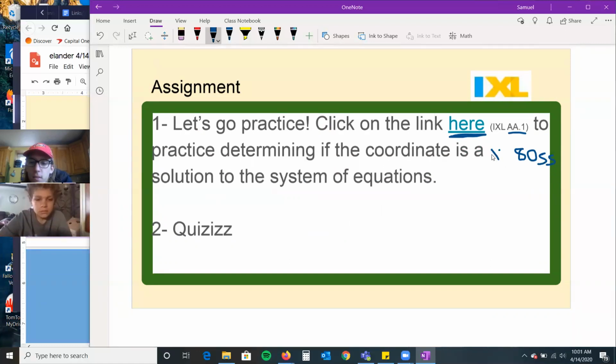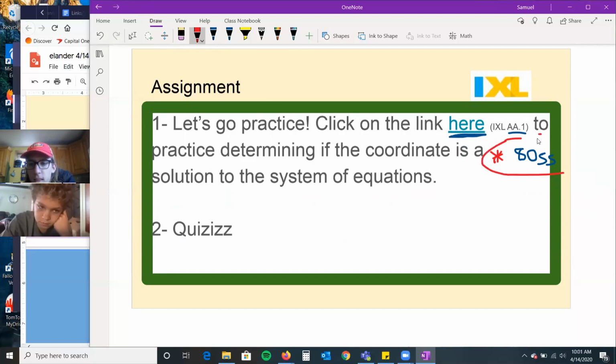Okay, I'm going to put a little asterisk here. Again, remember, anytime you see an asterisk, it's just a reminder that it is for a grade. I don't see you guys having too much trouble in it. You just plug in your values just like we did. Same exact thing that we're doing to see if it is a solution.